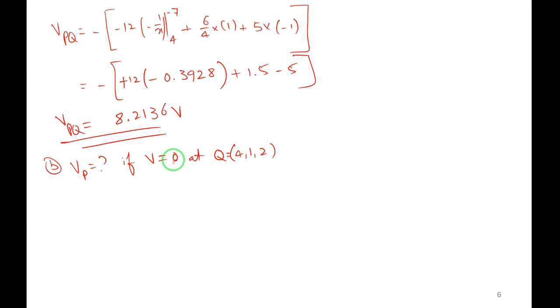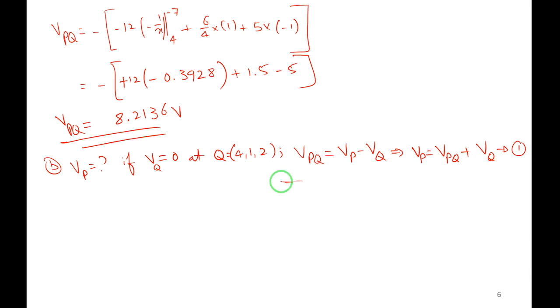Since V is equal to 0 at Q, let me call it VQ only. Right, so I want VP. We know VPQ is nothing but VP minus VQ. But actually we want VP. So VP is equal to VPQ plus VQ. Call this equation 1.